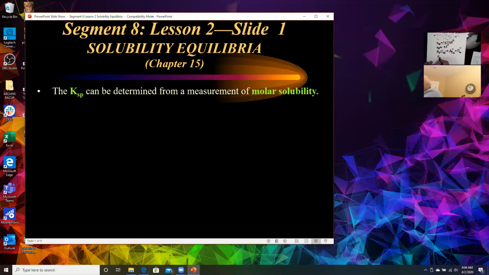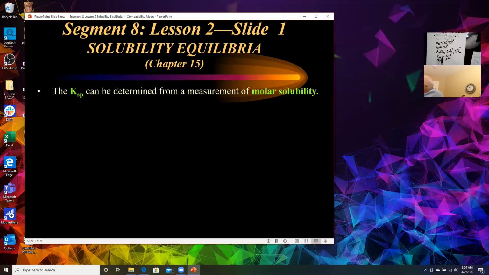And the KSP for this salt is, again, if I put S moles of this, I'll get S moles of this and S moles of that. So it's just going to be S times S. So the KSP is going to be S squared for this salt. So you see the expression for KSP and molar solubility depends on the stoichiometry of the salt and the number of ions it creates. And this is the pattern that we would see for other things.